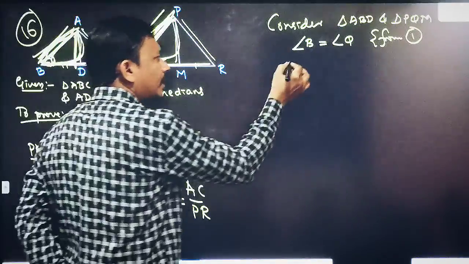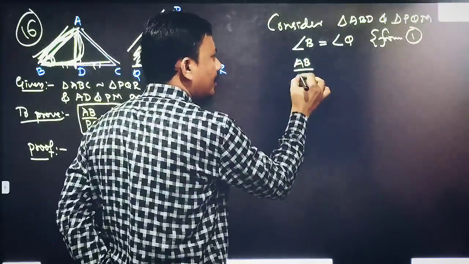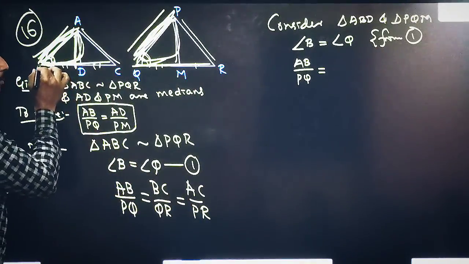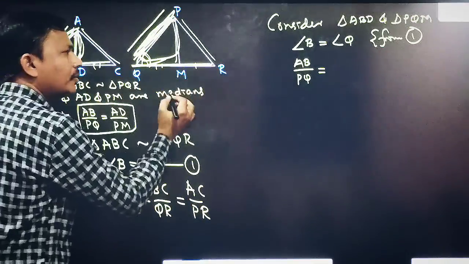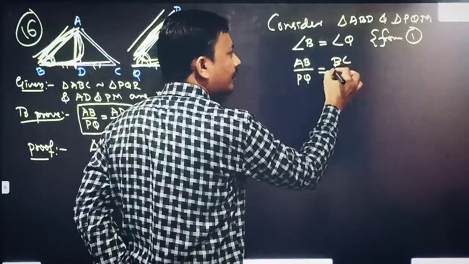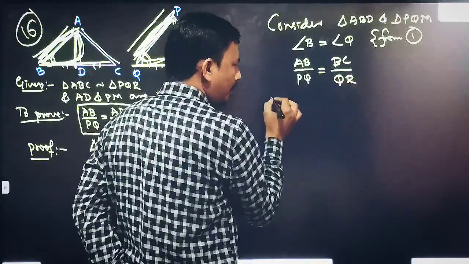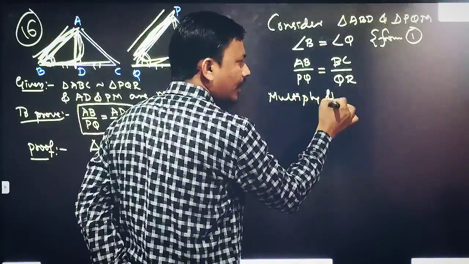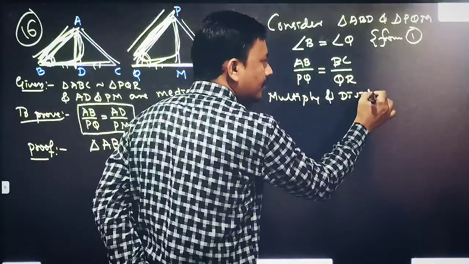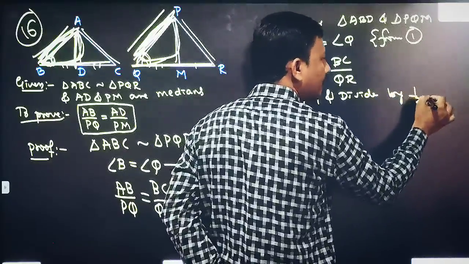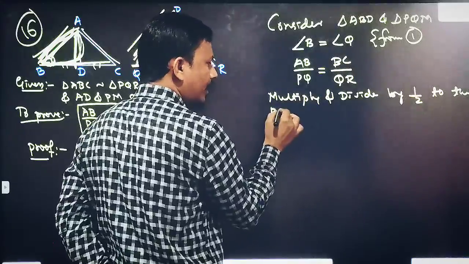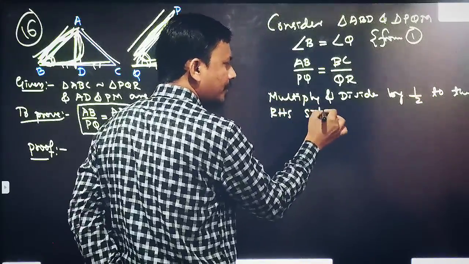Then AB divided by PQ. Yes or no? AB divided by PQ is equal to BC divided by QR. Multiply and divide by 1/2 to the RHS side.